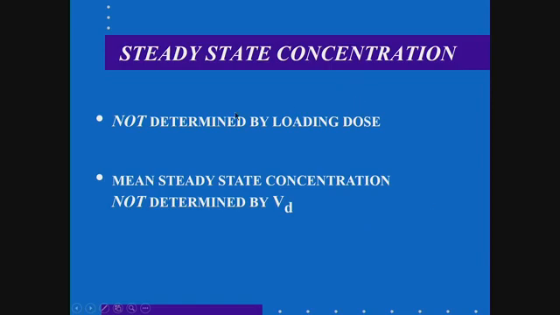But the loading dose does not determine what the steady state concentration will be with continuous administration of the drug. Now, the mean steady state concentration with intermittent drug administration is not determined by the volume of distribution. But on the other hand, we need to pay attention to peak and trough levels because they will be affected by the apparent volume of distribution.